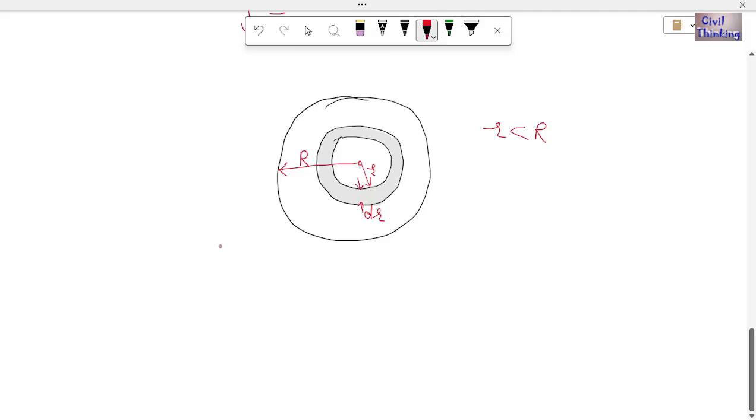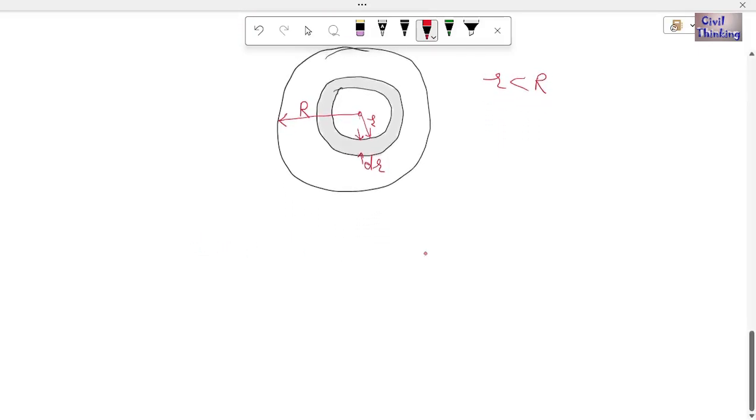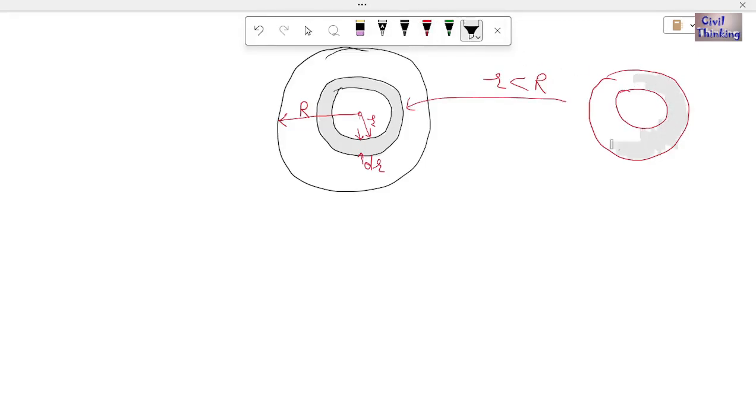So what we are going to do is find this relation for this strip. Let me draw this strip again.